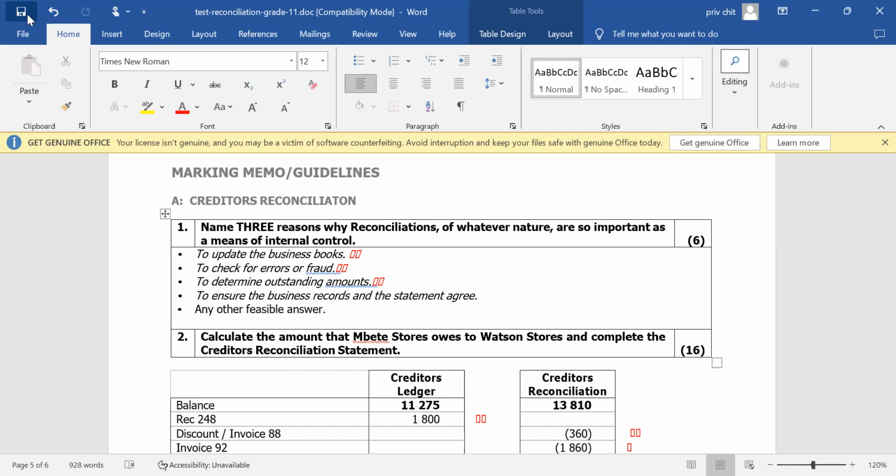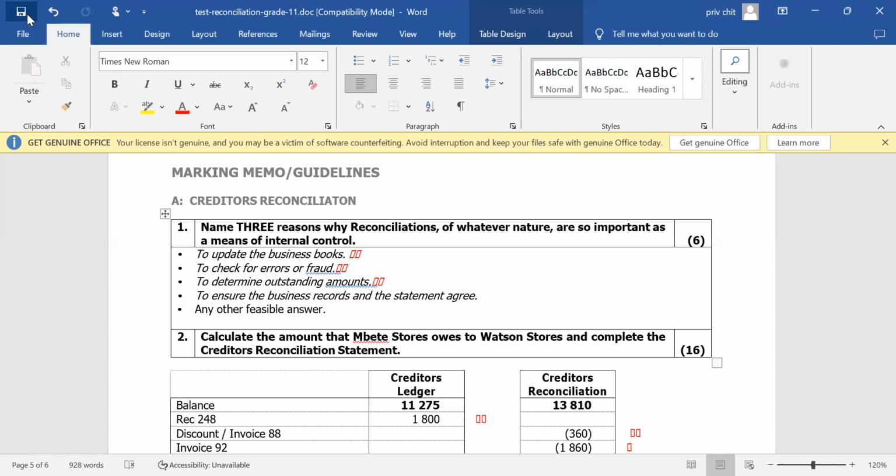According to the creditor statement, that amount was omitted. So when you do the creditors reconciliation, that's how you identify that there was an outstanding invoice with an amount of 1.4 which was omitted. Is it making sense?